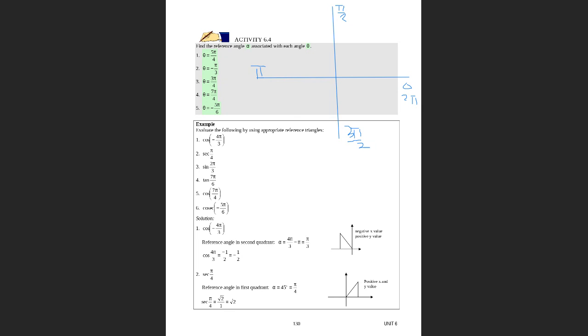If you are not sure of the value of the angle, as I always say, multiply by 180 over pi. Then you will see that the straight of this angle is 150 degrees.